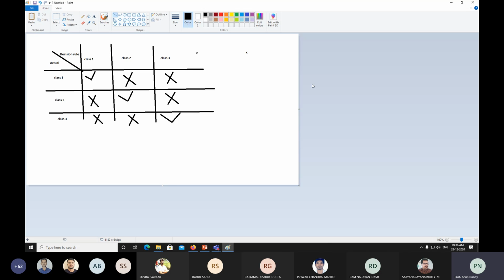This matrix is called the confusion matrix. In the last class we talked about the term confusion matrix.